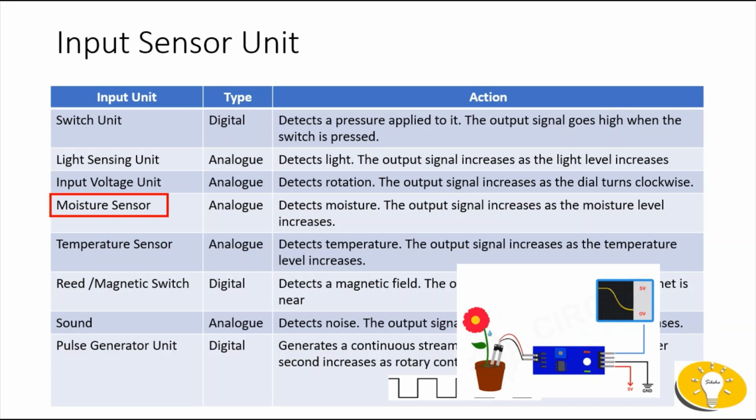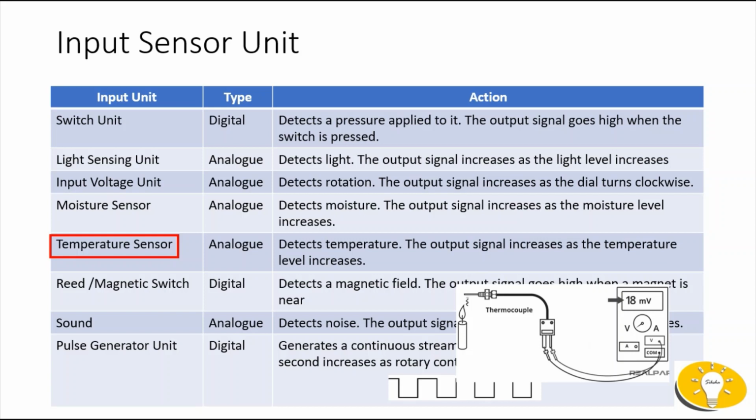So when it starts to rain and the moisture level increases, the output signal also increases. Temperature sensor is also analog and is used to measure the temperature. When the temperature increases, the output signal level also increases.